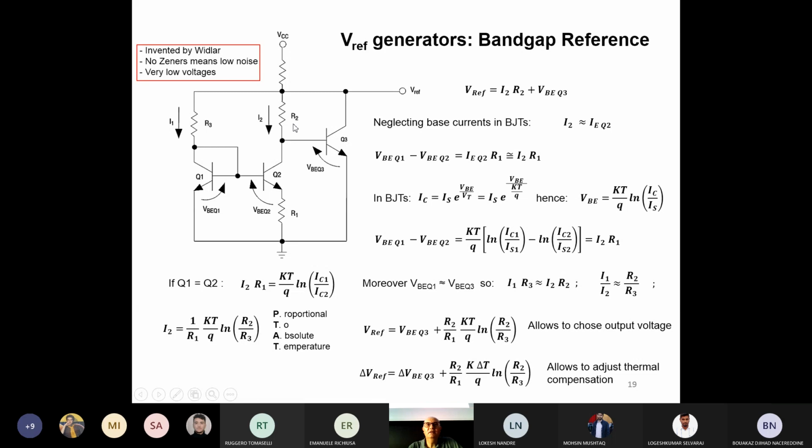It will increase the current through Q2. It will also change the voltage in the base of Q3, and so the system will tend to stabilize more or less itself. But now we are going to see how actually the output voltage is generated.